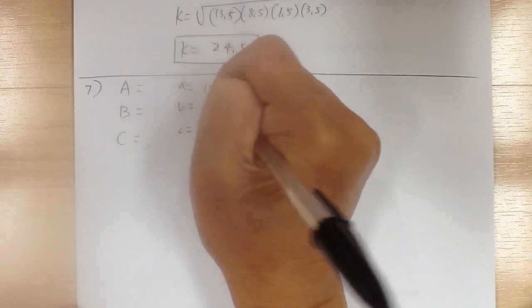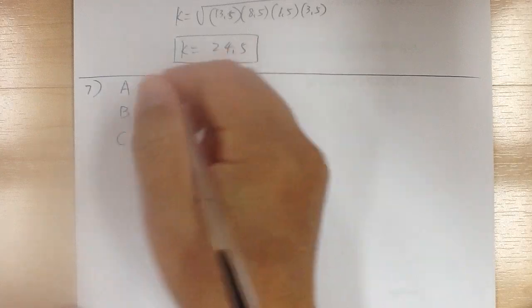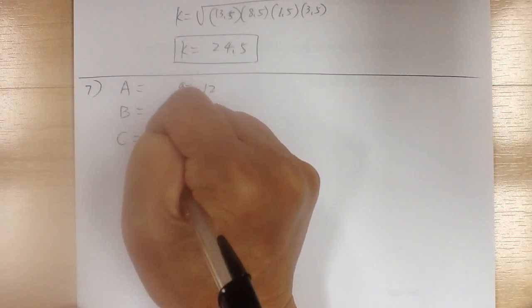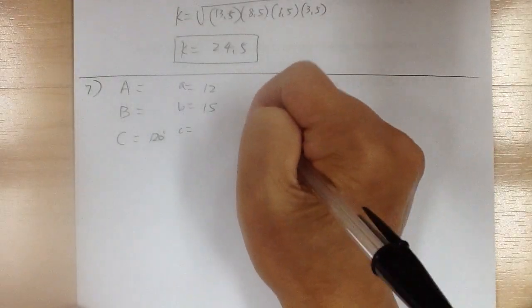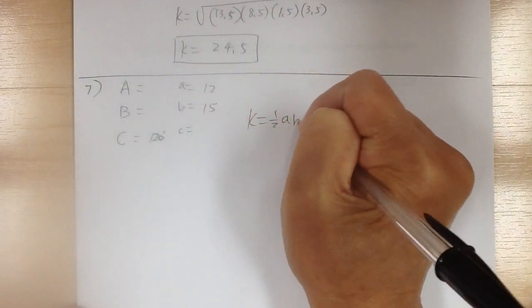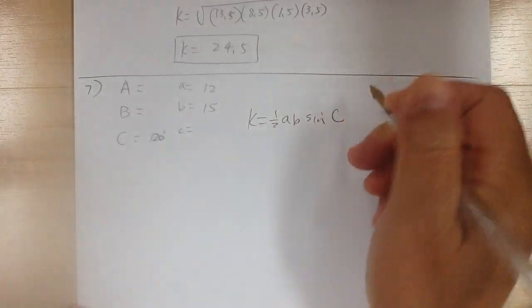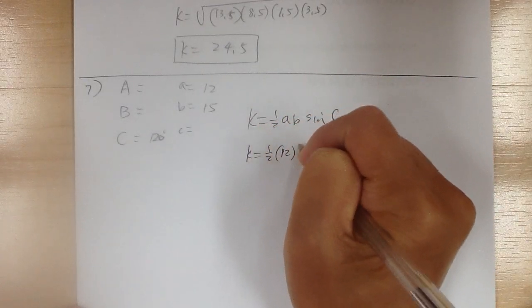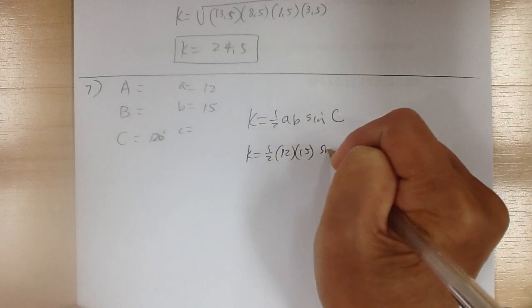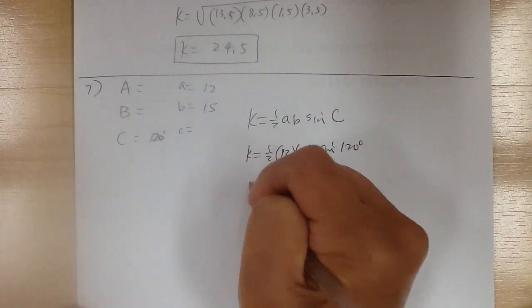A equal to 12, B equal to 15, angle C equal to 120 degrees. So this is kind of nice. So you can just use K equal to 1/2 AB sine C. So K equal to 1/2 A B sine of 120 degrees.